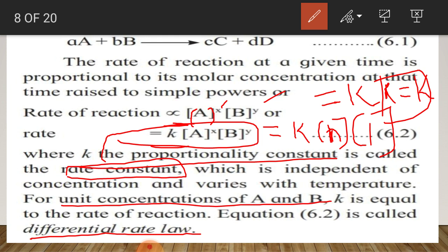At a given time, the rate of the reaction is proportional to its molar concentration at that time raised to a simple power. So rate is directly proportional to concentration of A raised to X, concentration of B raised to Y. Where we remove the proportionality sign, there comes K, that is your rate constant.